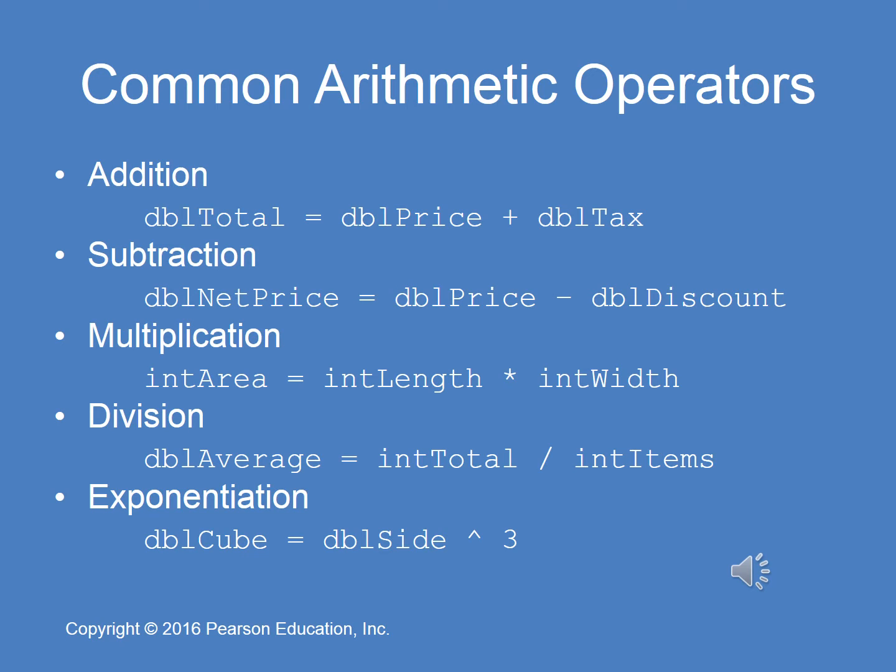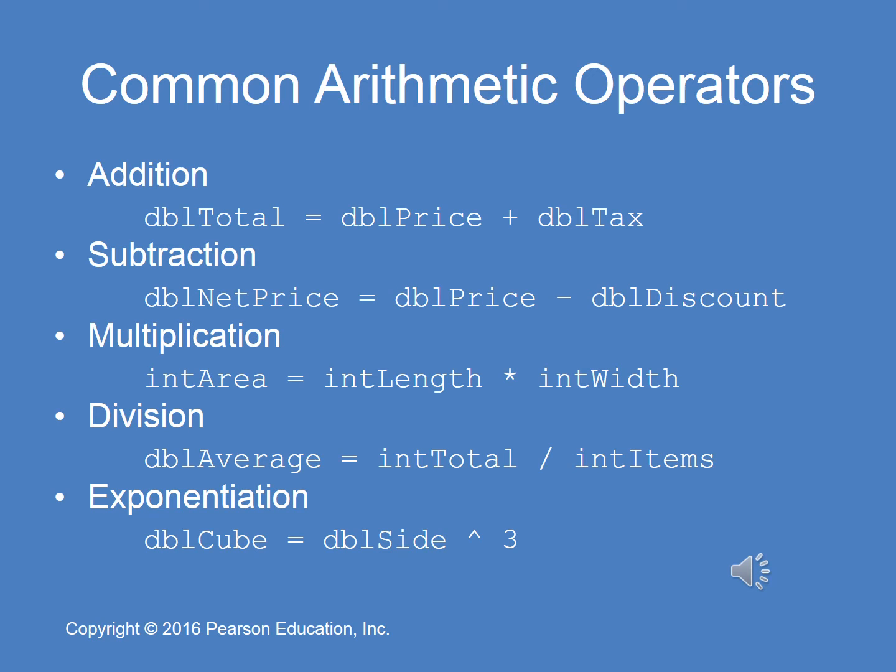Let's take a look at some assignment statements. First one is addition. We have a variable on the left, dblTotal, which is most likely a double, which means it is a variable that can store a value that has a fractional or decimal component.